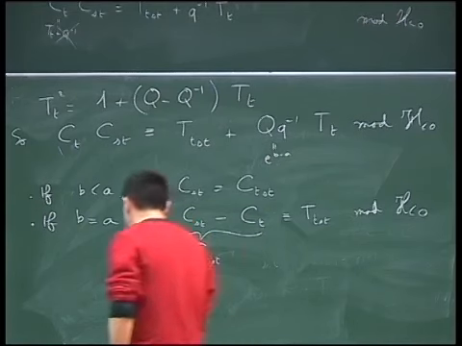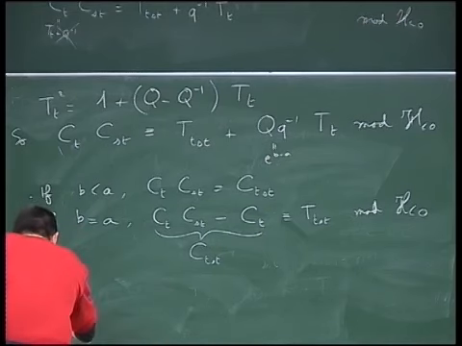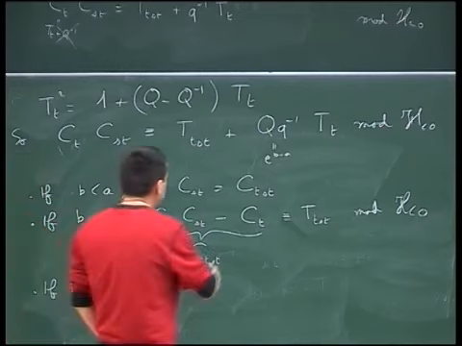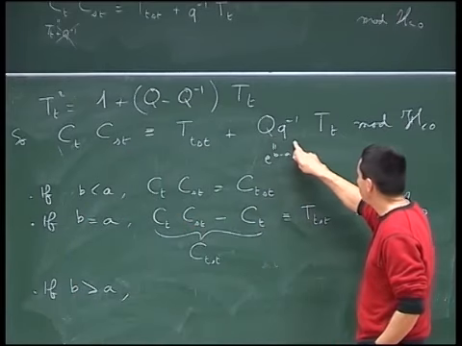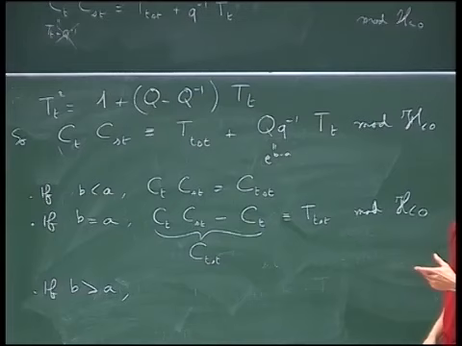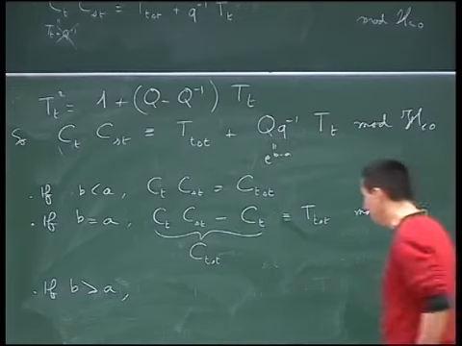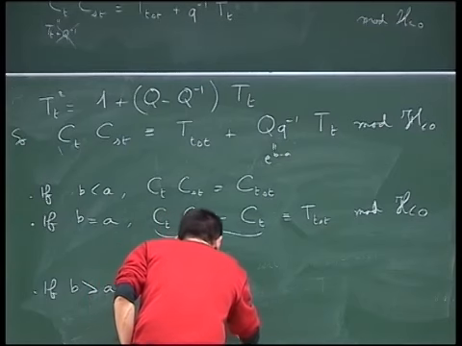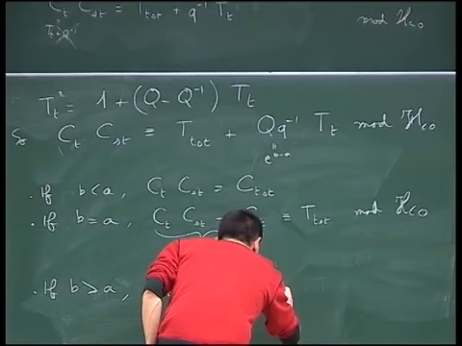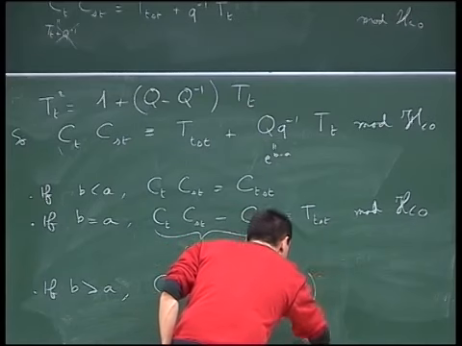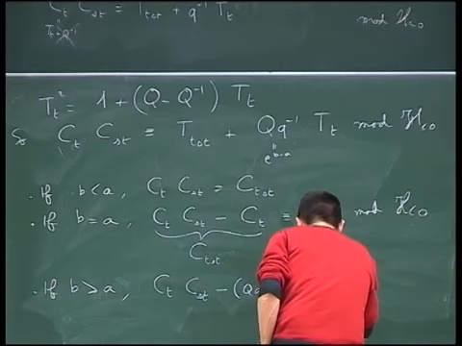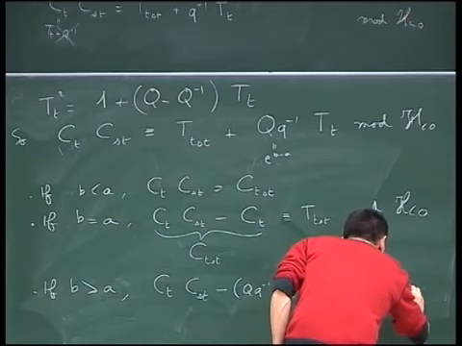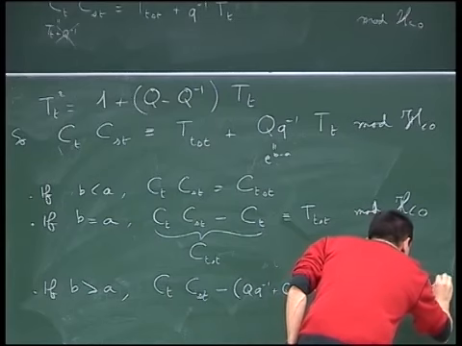And if B is greater than A, then, well, you must subtract something, but you must subtract something which is stable under the bar involution. And you get easily that CT times CST minus Q Q inverse plus Q inverse Q CT is congruent to TTST modulo H less than 0.